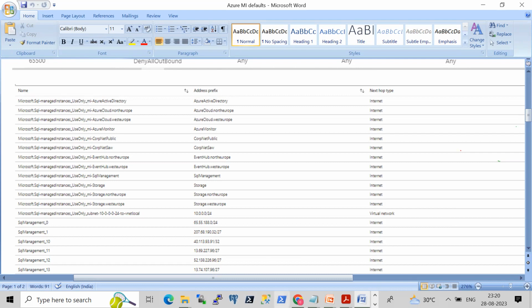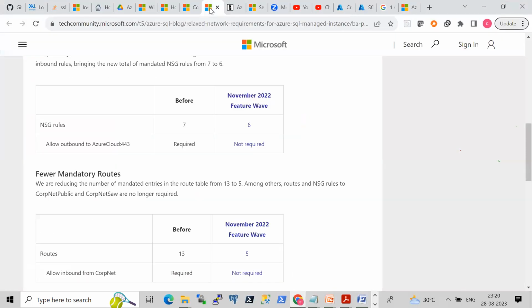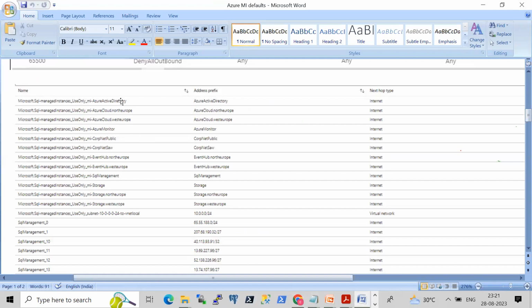These are 13, and if you see the difference, the new architecture for the routing table uses just 5 routes, and the previous architecture was using 13. I can clearly see the number of routes for my previous architecture is 13. So I wanted to go up to this level of concepts, in depth.